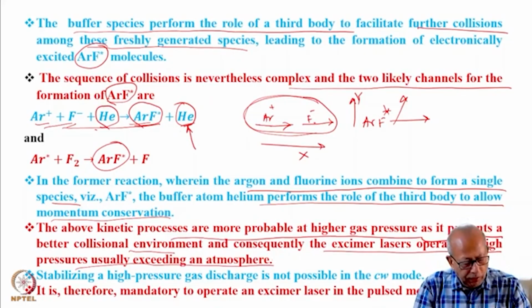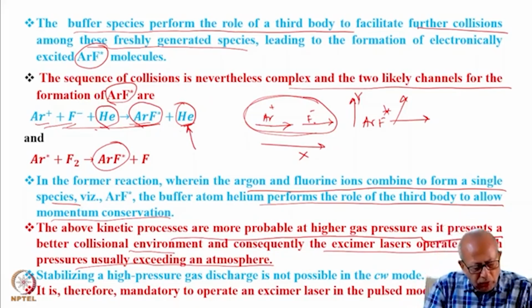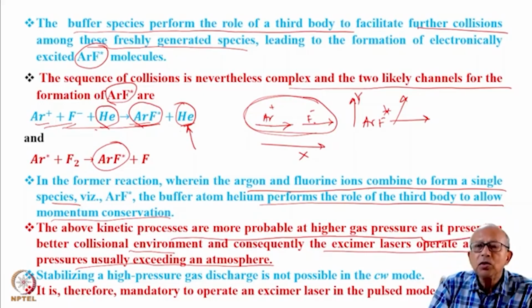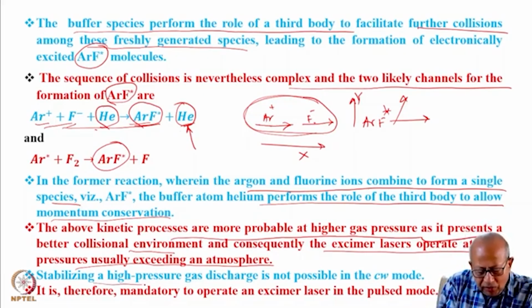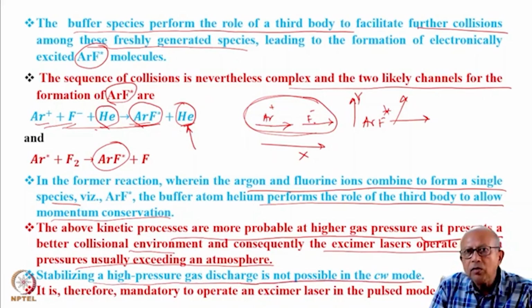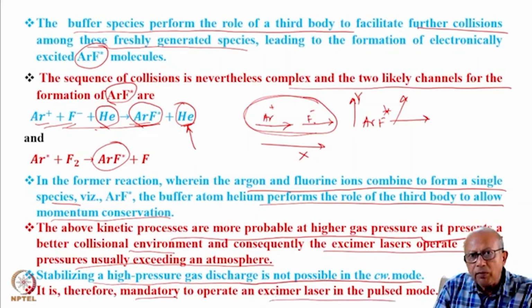We already know from our past knowledge, we have studied electric pumping of gas lasers, both CW and pulse types. We know now that stabilizing a high pressure gas discharge is not possible in the continuous mode. Therefore, mandatorily an excimer laser will operate in the pulse mode.